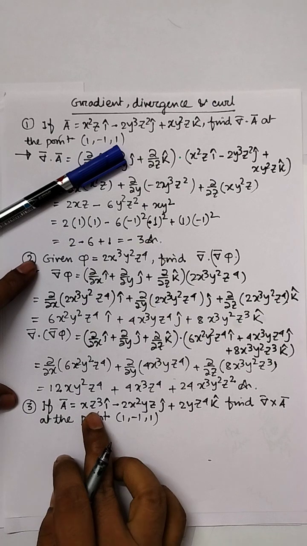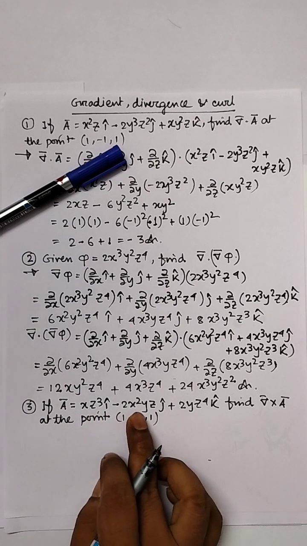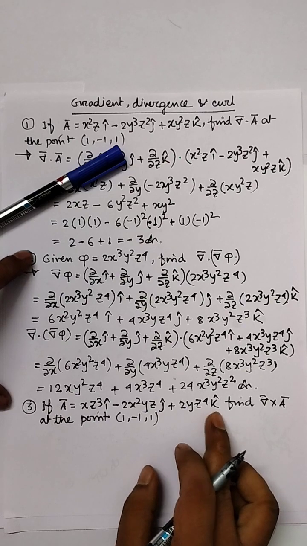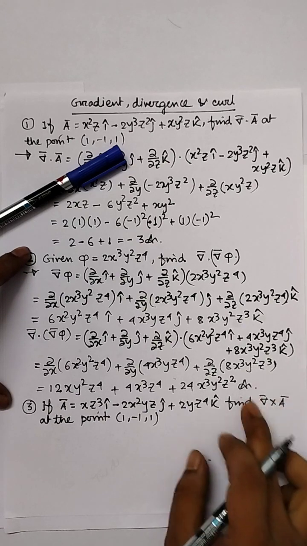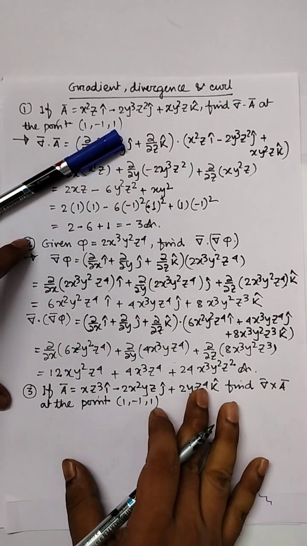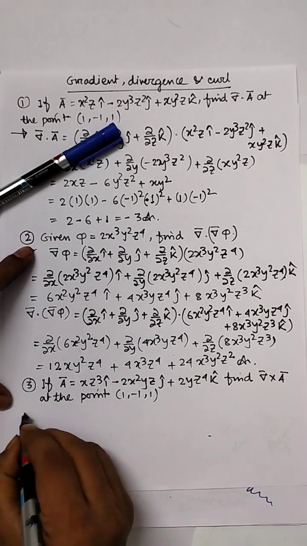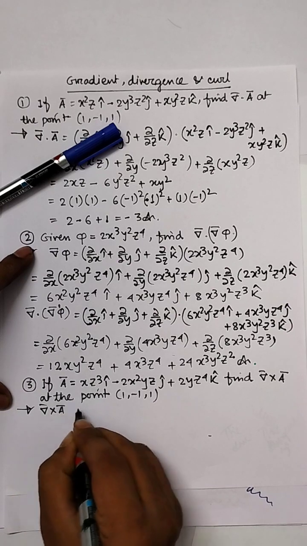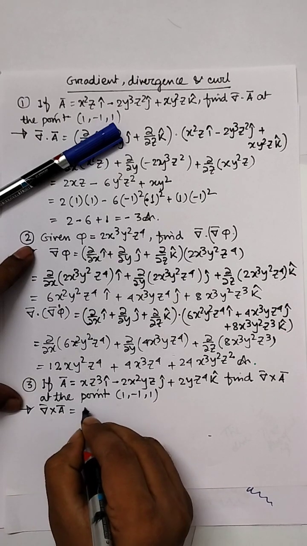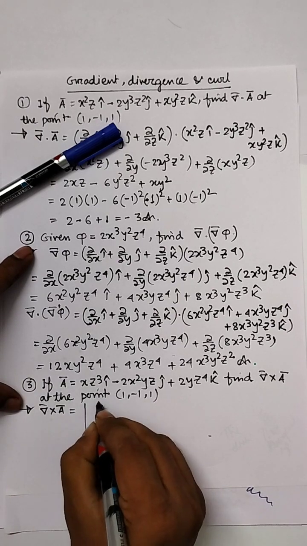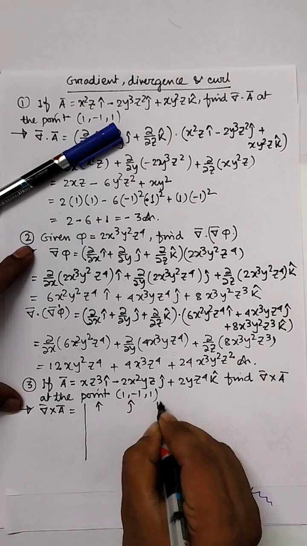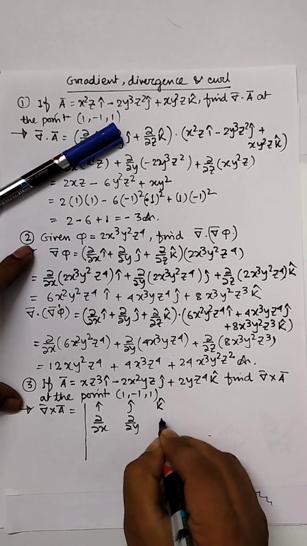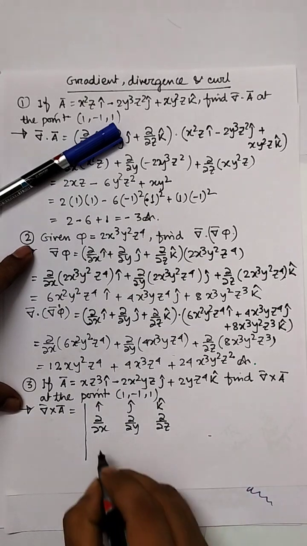If A equals xz³i − 2x²yzj + 2yz⁴k, find ∇ × A, that means curl of A at the point (1, −1, 1). So write ∇ × A in determinant expression, that means first row is i, j, k, second row ∂/∂x, ∂/∂y, ∂/∂z.